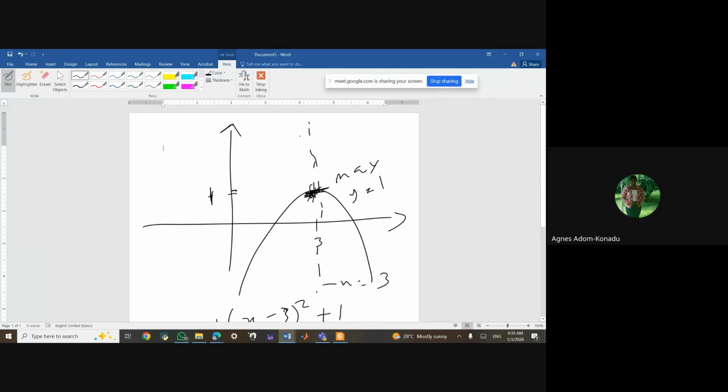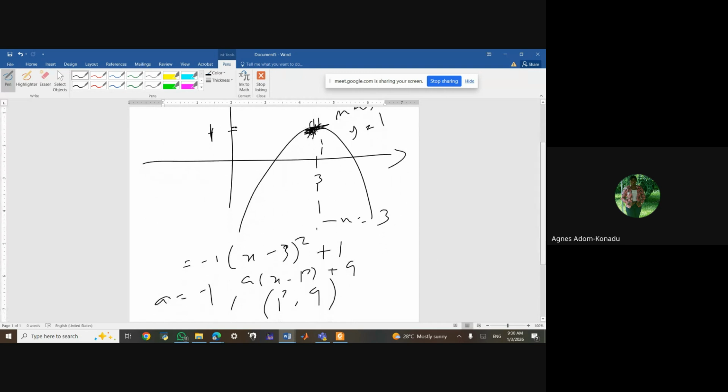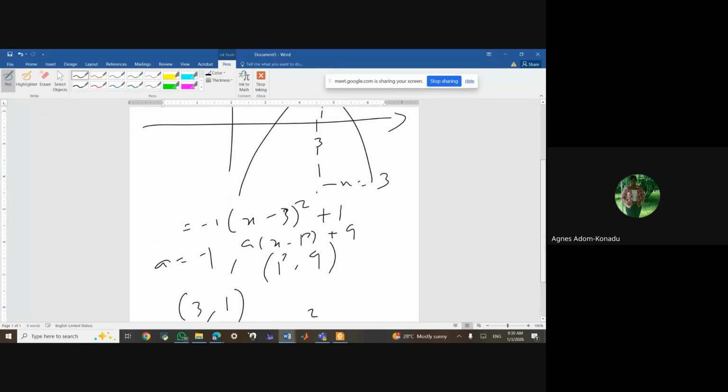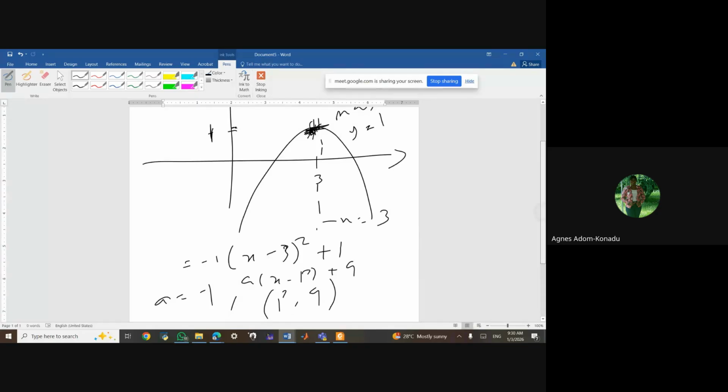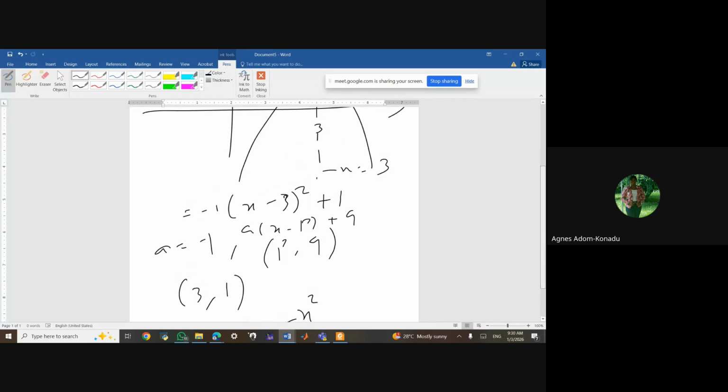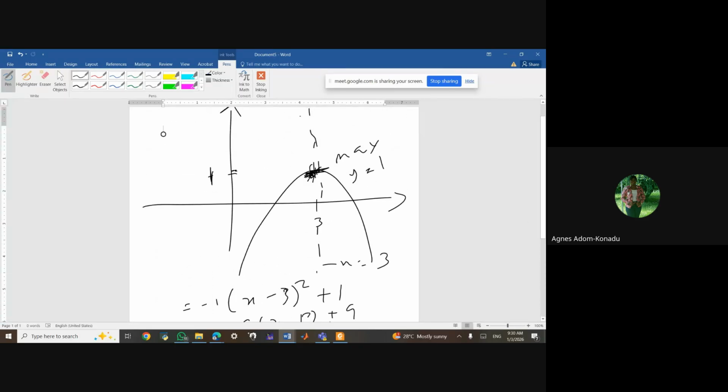Okay, so if I want to compare it with the graph of y is equal to minus x squared, then it corresponds to the graph of minus x squared, which has been shifted 3 units to the right and 1 unit upwards.